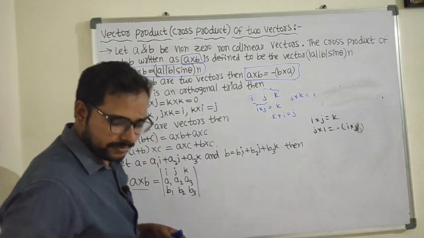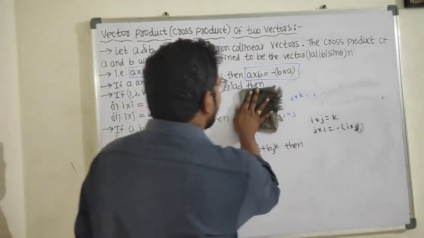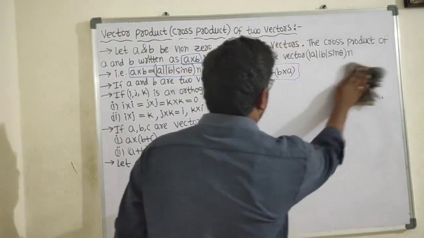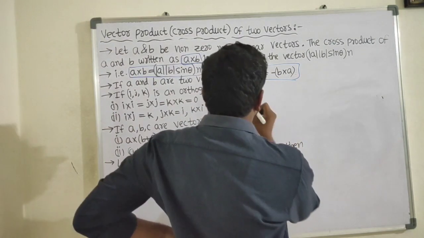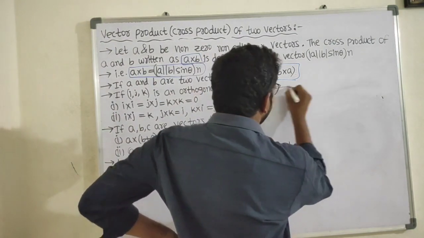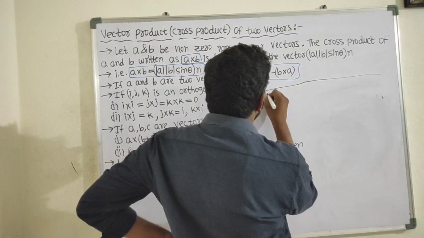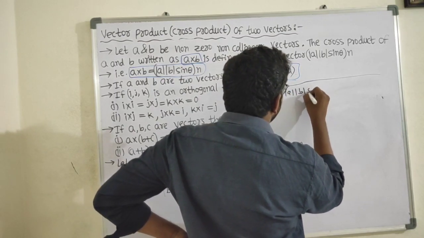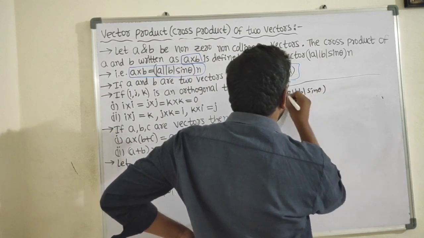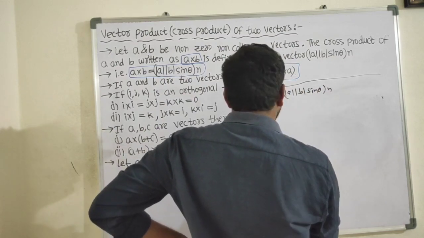Now what is the actual definition of cross product? A cross B is equal to mod A mod B sin theta n.